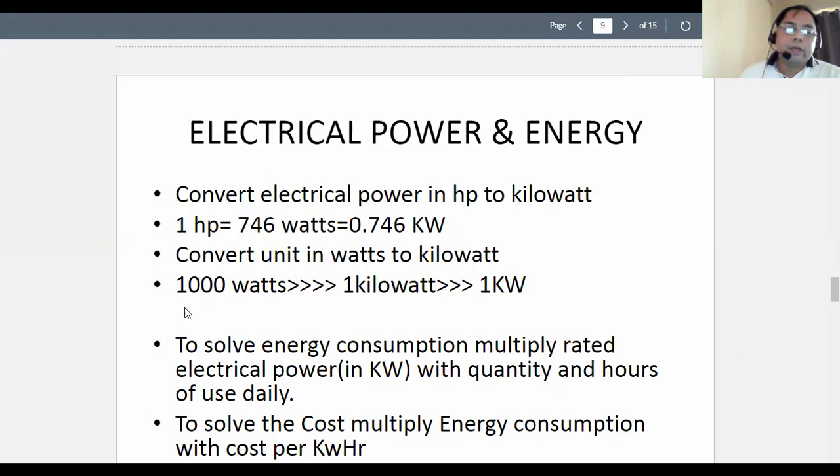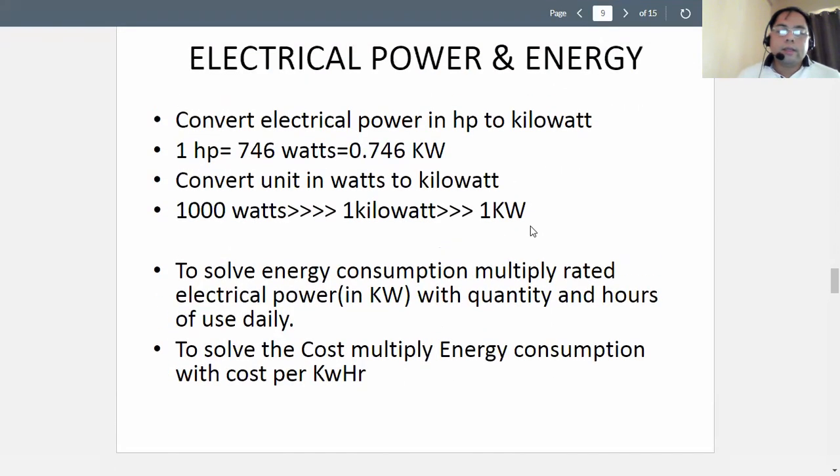If we have 1,000 watts of power for our flat iron, then dividing it by 1,000 leaves us exactly 1 kilowatt. If it's less than 1,000, then you could end up with a decimal number. So that's how we change the value from watts into kilowatt, by dividing it by 1,000.